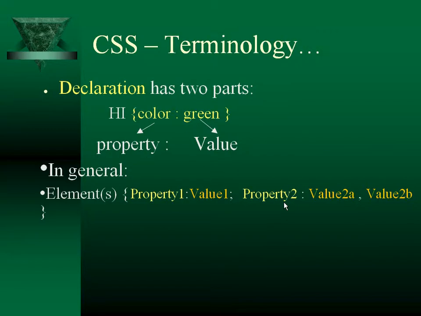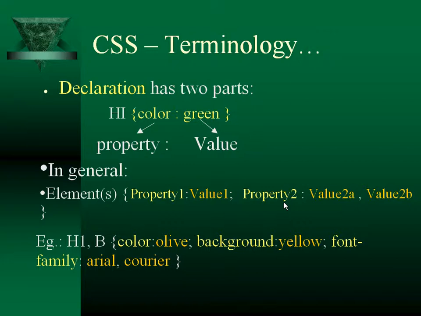Let us consider the following example. In this example, we are going to assign some styles to header 1 and bold elements of the HTML. Here we are assigning some values to the color, background and font family properties.